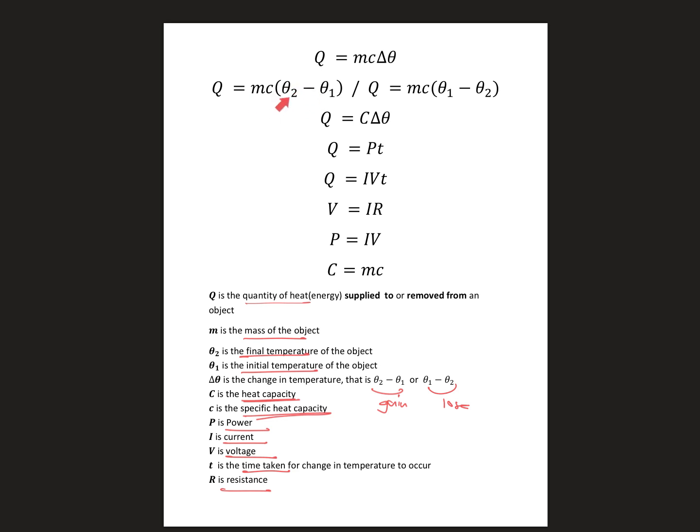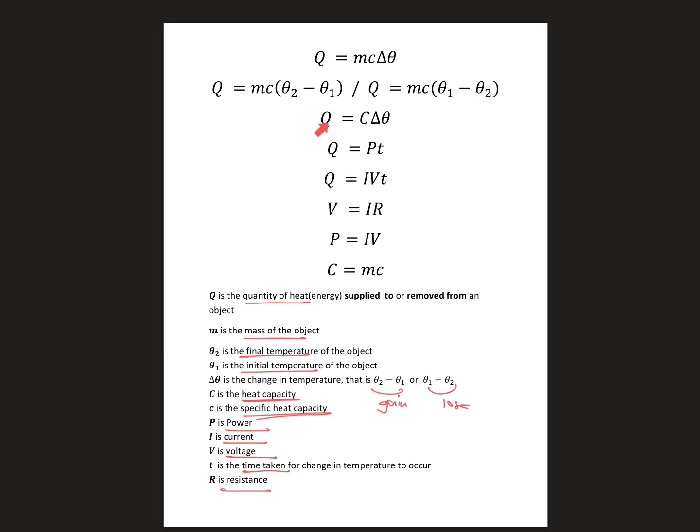That is, the final temperature will be higher than the initial temperature. But delta theta can be theta 1 minus theta 2 if at all the object is losing heat. In other words, the initial temperature is higher than the final temperature.